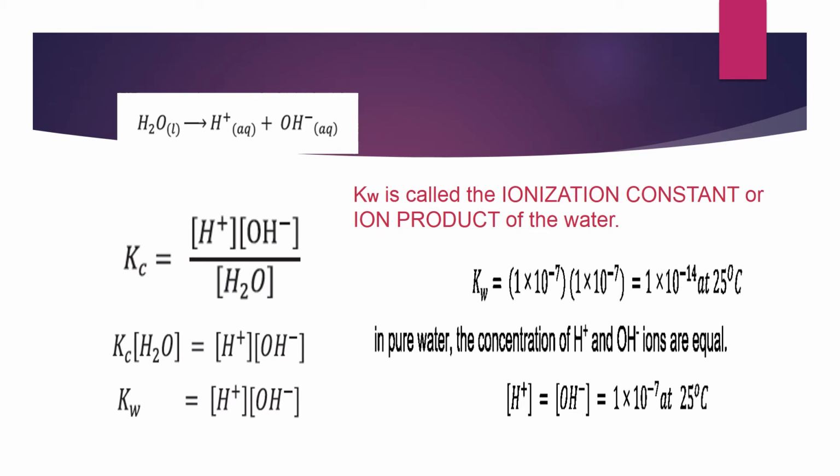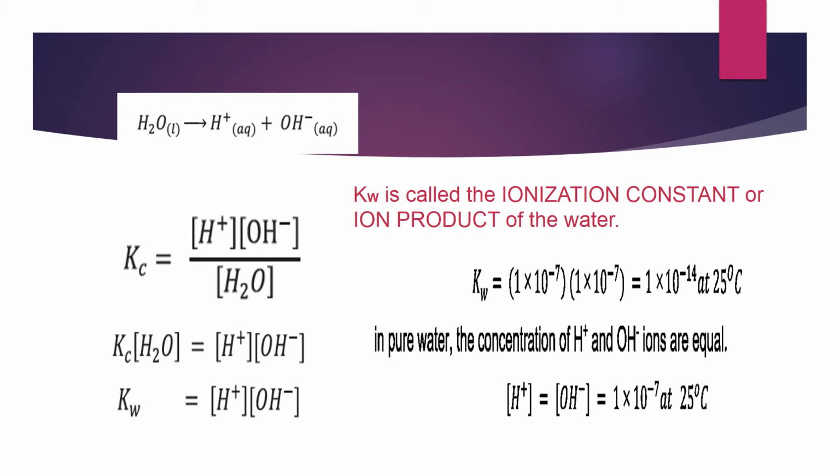This Kw is called the ionization constant or the ion product of water. It is an experimentally determined value, calculated at 25 degrees centigrade. Its value is 1 into 10 raised to the power minus 14 molar. As you have clearly seen, it equals the product of the concentrations of hydrogen ions and hydroxide ions.